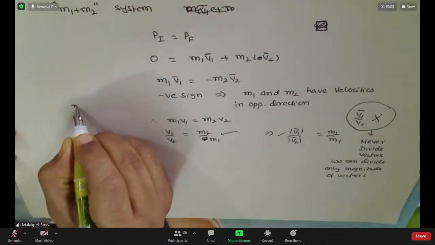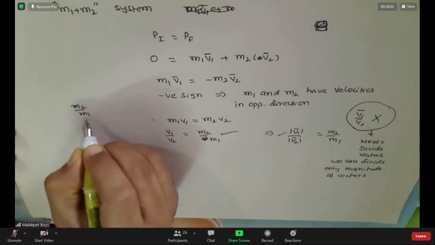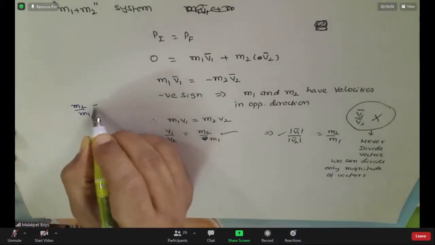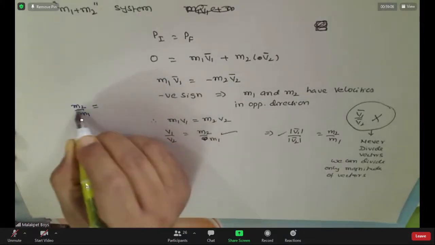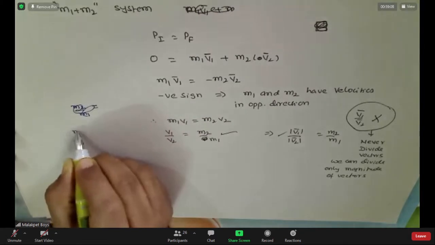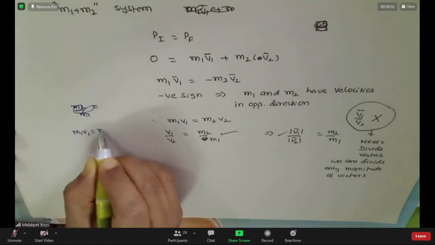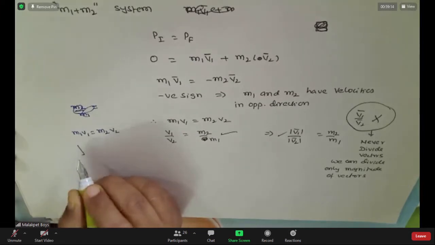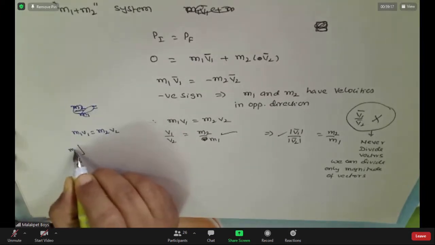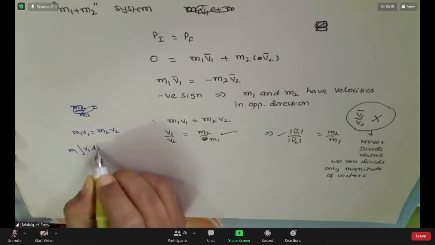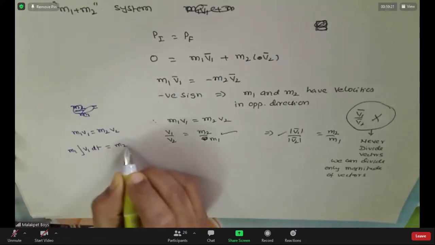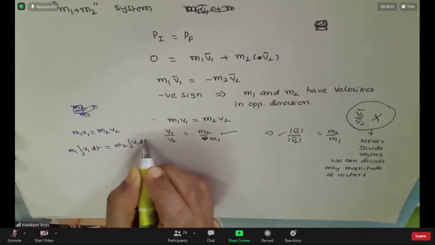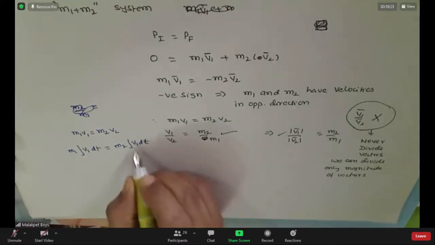Ratio of acceleration. Again you can see, can I take the integral like this? Possible. M1 and M2 are constant.